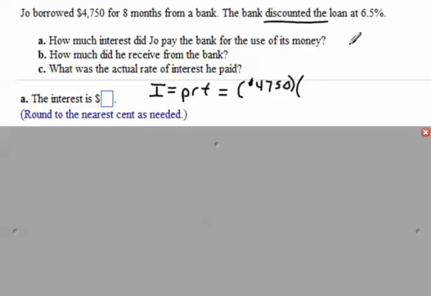The rate is 6.5%, so to write that as a decimal, we divide by 100, and we would get 0.065. And we times it by the time. And since it's for 8 months, that is a fractional part of the year, 8/12. So it's 8 months out of 12 months.